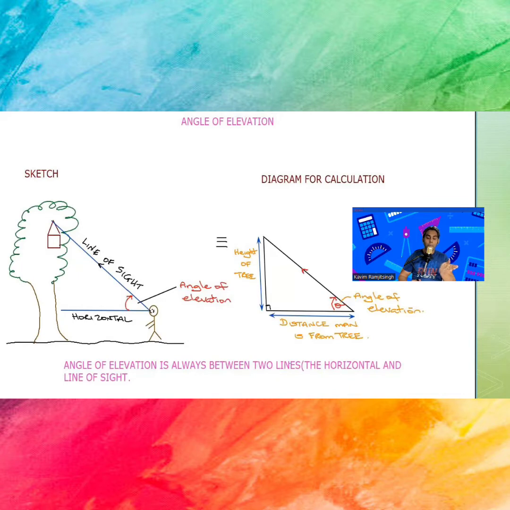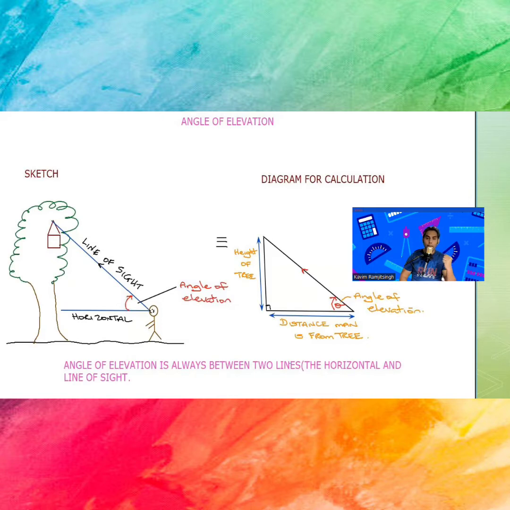But from the time they move their eyes upwards from that horizontal to look at the top of the birdhouse, their head was elevated, their eyes were elevated, and their line of sight now changed from being parallel to the ground to an elevated position. And normally, when my students draw the sketch, I tell them to locate a triangle inside it, because angle of elevation and depression is an application of Pythagoras' theorem and the trigonometric ratios, which are prior topics.